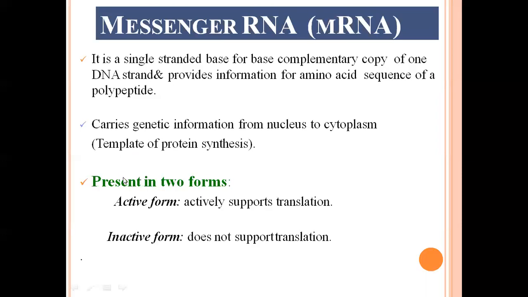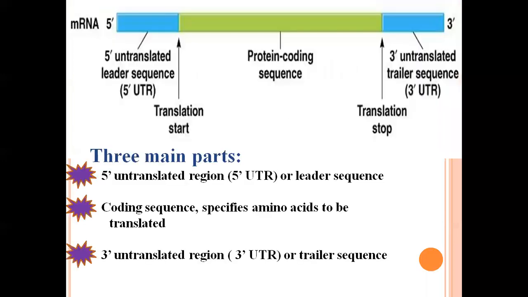The messenger RNA is present in two forms: active, which supports translation, and inactive, which does not support translation. So mRNA is present in the cell in two forms. When they are active, they are directly involved in the translation process, and when they are inactive, they do not participate in translation. This is a very, very basic thing.